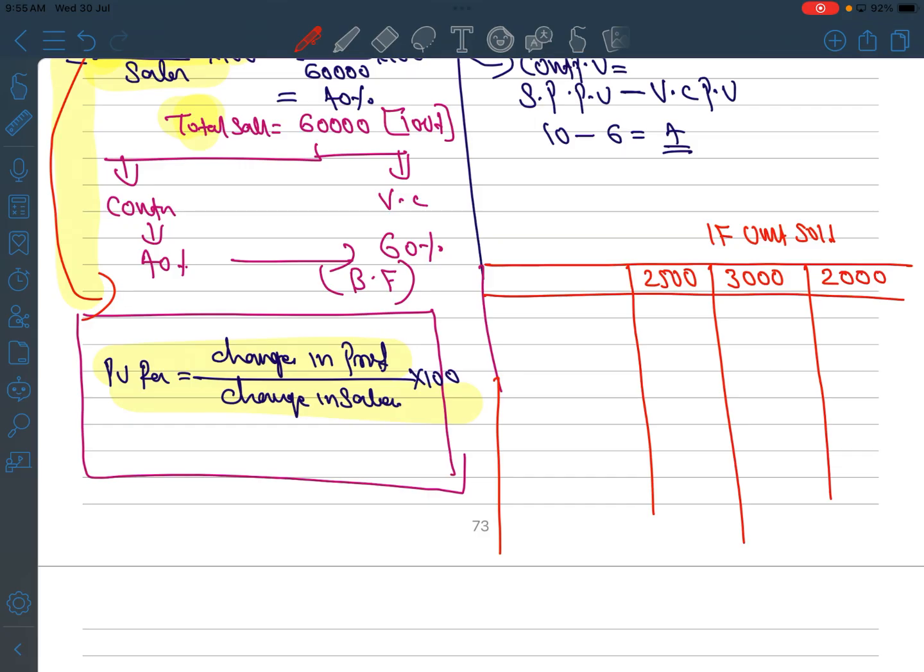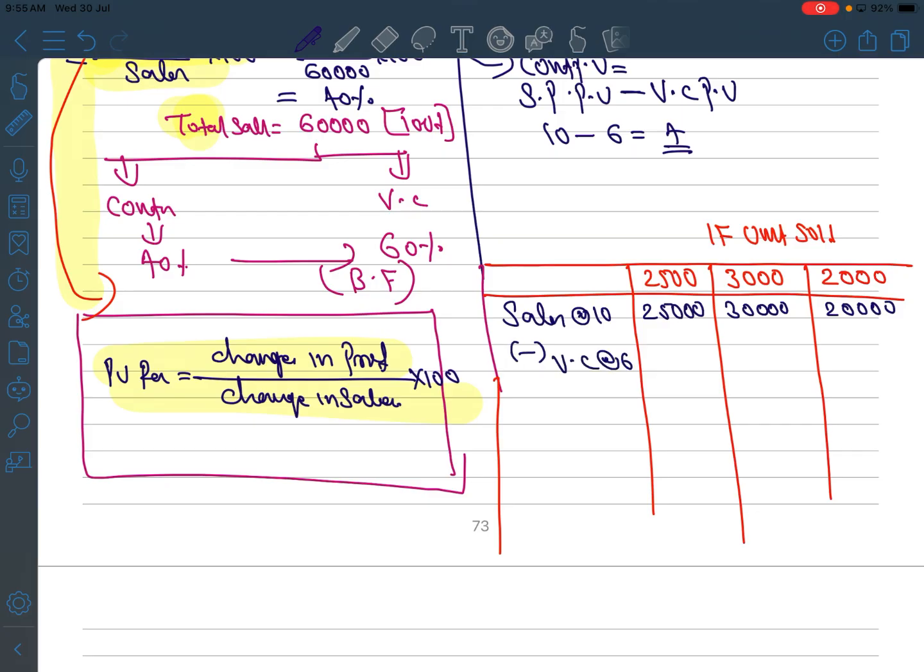Let's check it. What is the sales value? At rupees 10, 2,500 into 10 is equal to 25,000. Then 3,000 into 10 is equal to 30,000. 2,000 into 10 is equal to 20,000. Minus variable cost at rupees 6. What will be the amount?